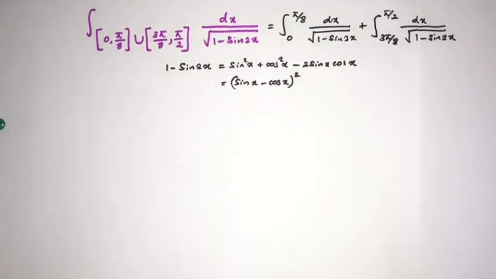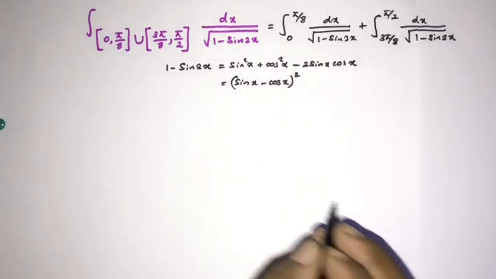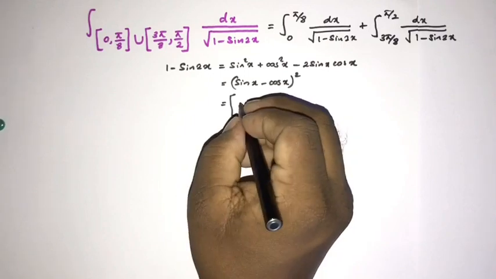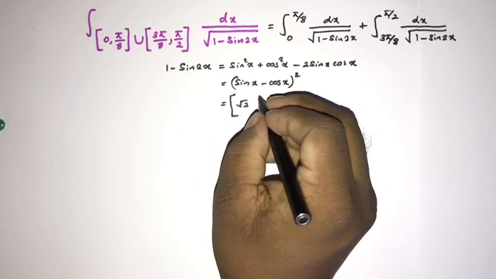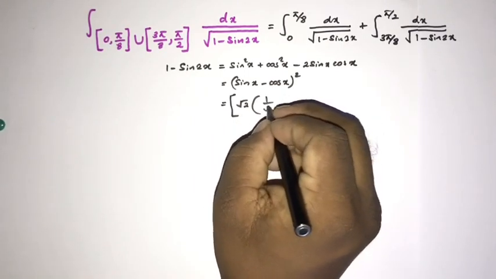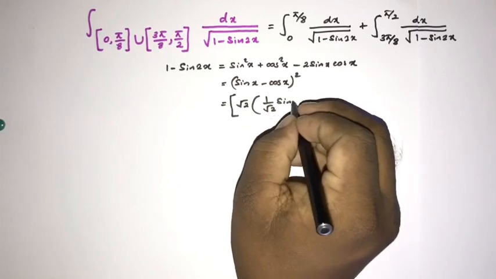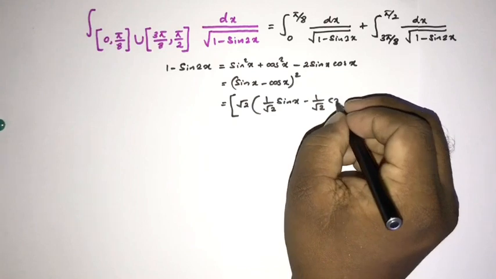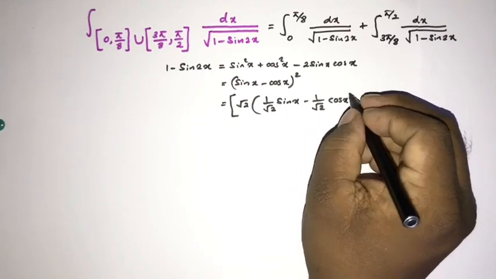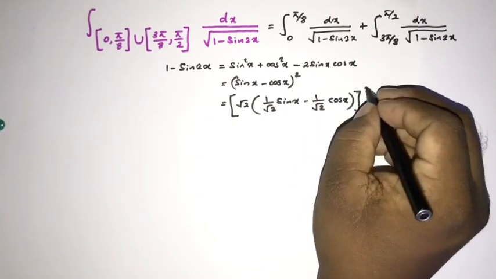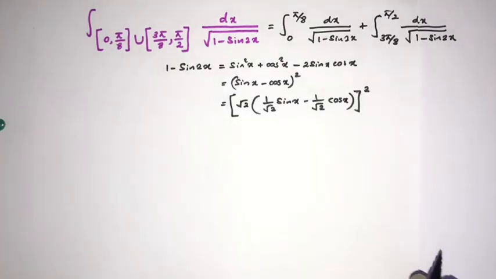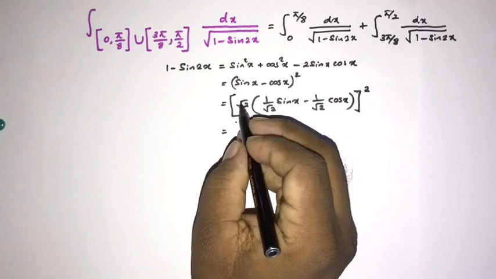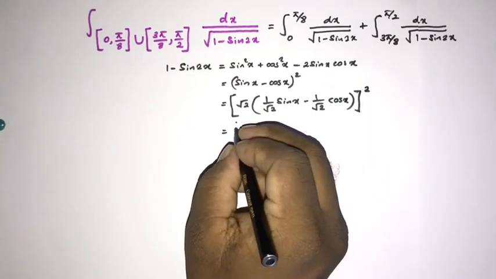Still we can simplify. First I am going to take the square root of 2 as a common factor. Then we have 1 over square root of 2 times sine of x minus 1 over square root of 2 times cosine of x, all squared, and the square root of 2 squared is 2.